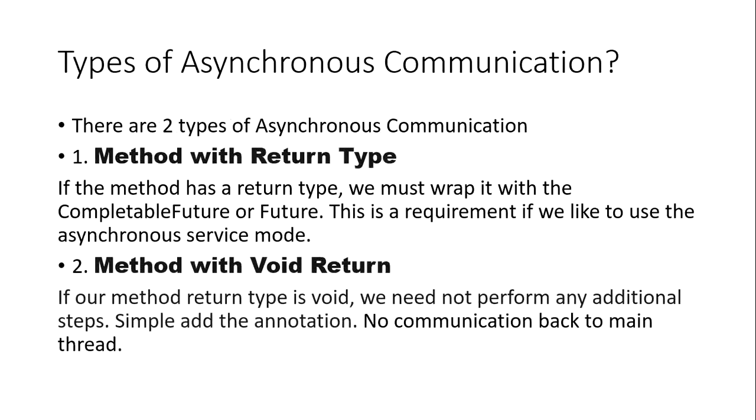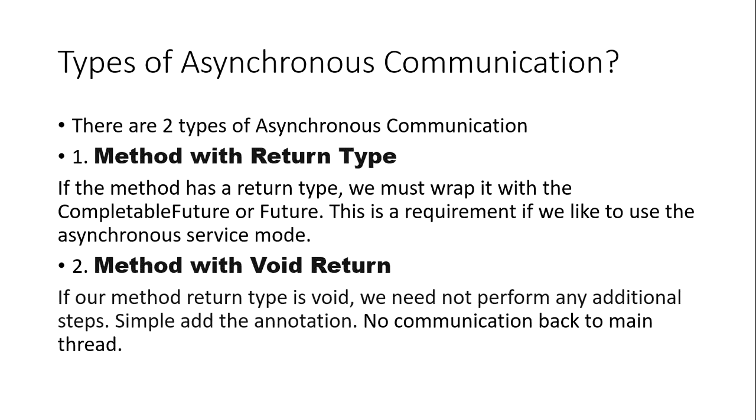Types of asynchronous communication: as I said just now, there are two types. If your asynchronous method has a return type, we must wrap it with CompletableFuture or Future. This is a requirement if you would like to use an asynchronous service method.